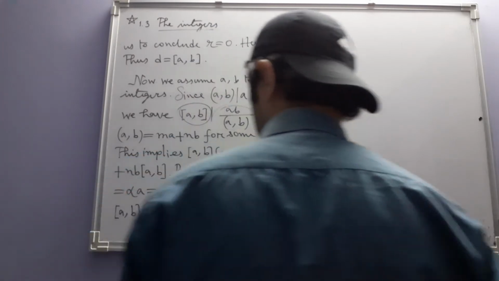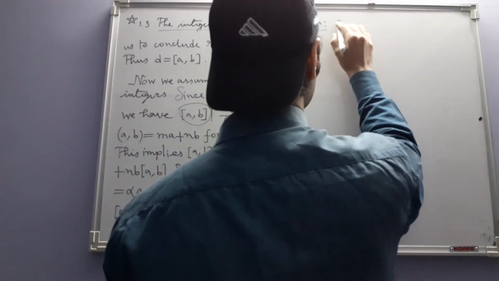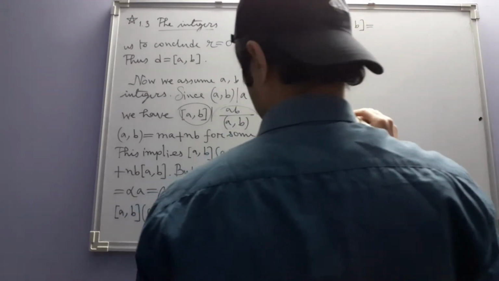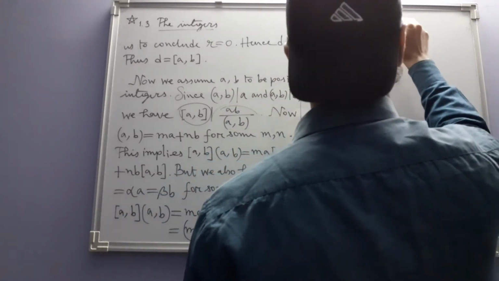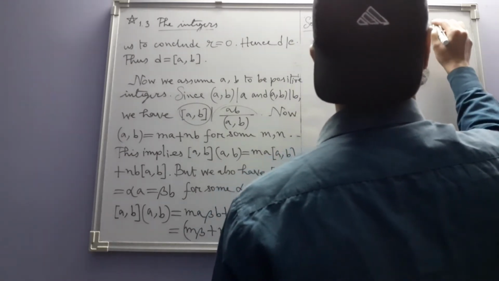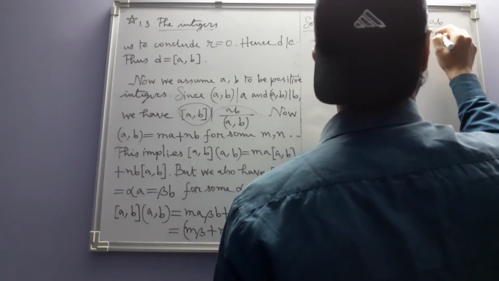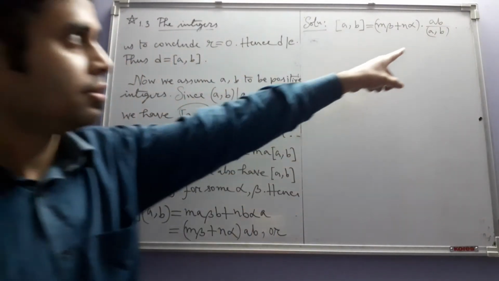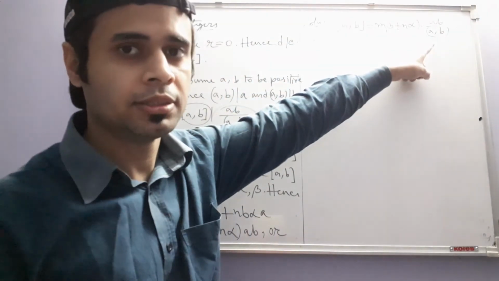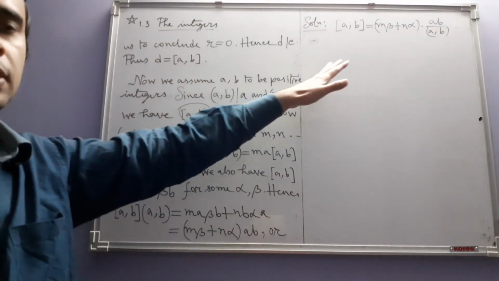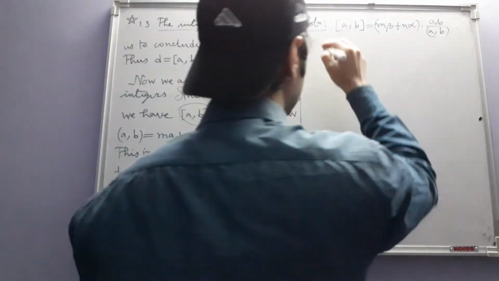Or LCM is equal to (m beta plus n alpha) times AB divided by GCD. This is what I wanted to write. Now we already know that this AB divided by GCD, this is an integer, and looking at this equation, I can now conclude this.